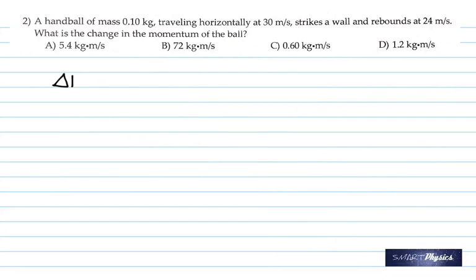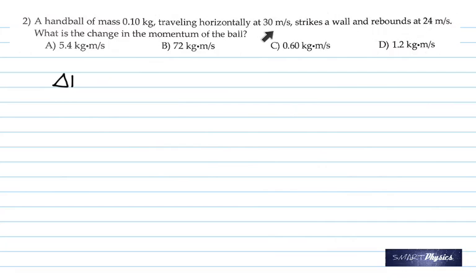In the second question, a handball of mass 0.1 kilogram is traveling horizontally at 30 meters per second, strikes a wall and rebounds. Now that term rebounds is very important, because when you see that word rebounds, that means it's moving in the opposite direction. That means this velocity is going to be negative if you consider the other to be positive.